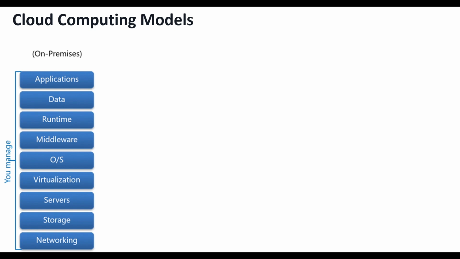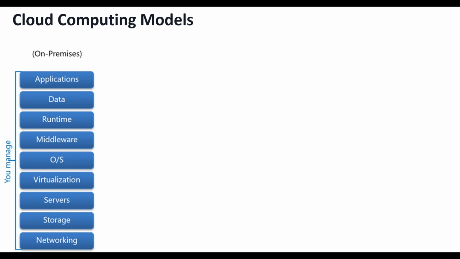In on premises, you have to manage the entire thing: networking, storage, servers, virtualization, operating system, middleware, runtime, data, and applications.